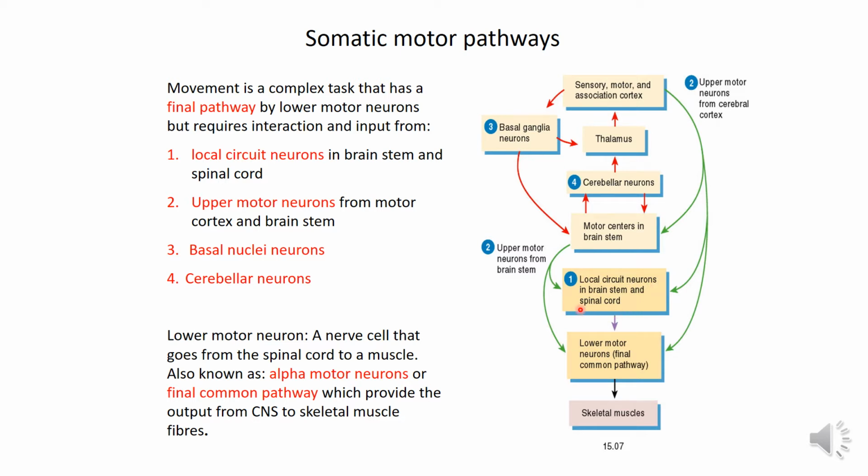At the end, when these areas are stimulated, they discharge impulses through the descending tracts, by the pyramidal tract and the extrapyramidal tract, to control the activity of the lower motor neurons that innervate the skeletal muscle directly.